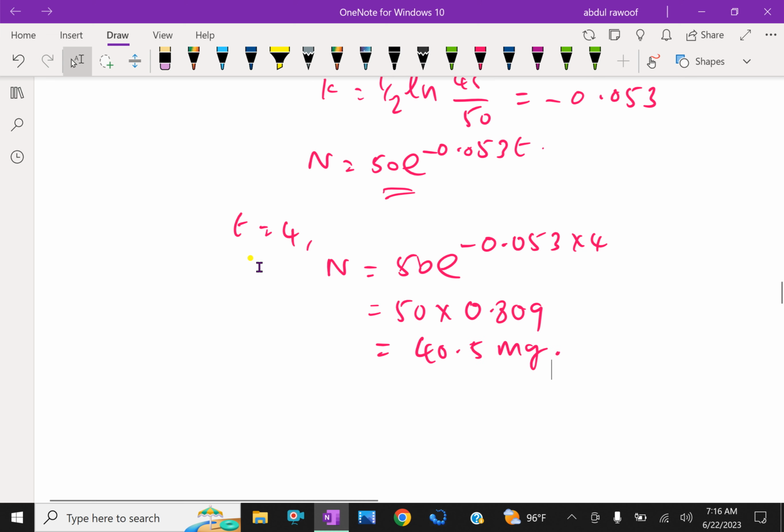That means after 4 hours, the material left without decay is 40.5 milligram.